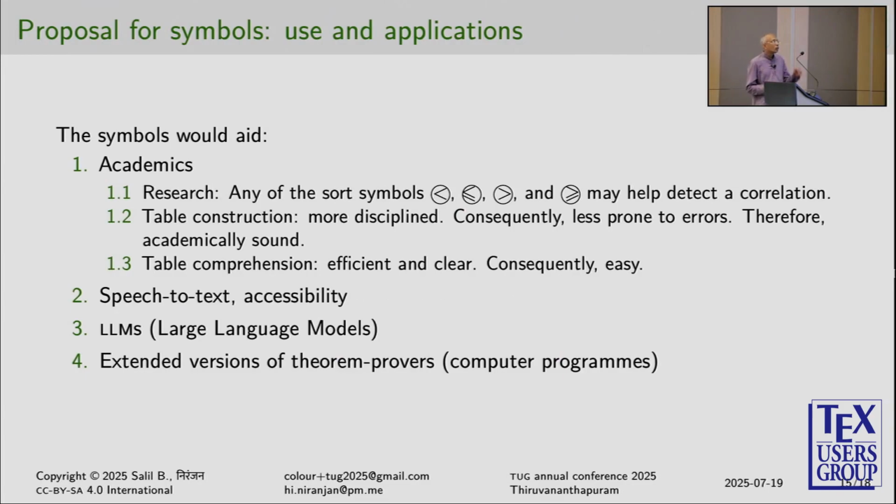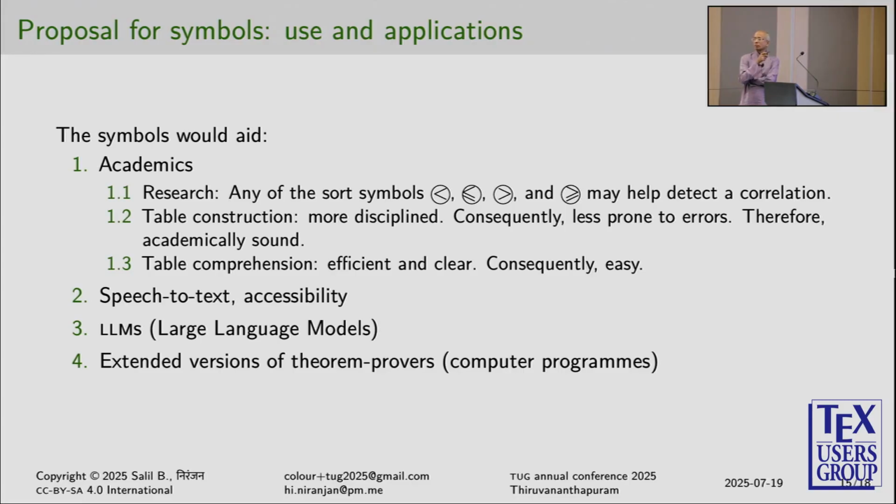Now, these symbols would aid several things. One is academics. They would help us detect correlation without doing the statistical processing. They do not detect it, actually. They would lead to the formulation of a hypothesis that probably one column is correlated. Table construction would be more disciplined and less prone to errors.